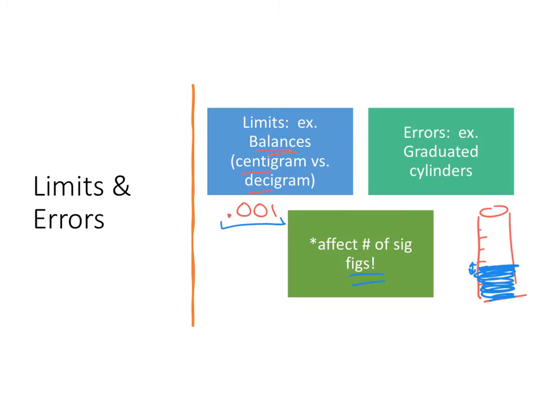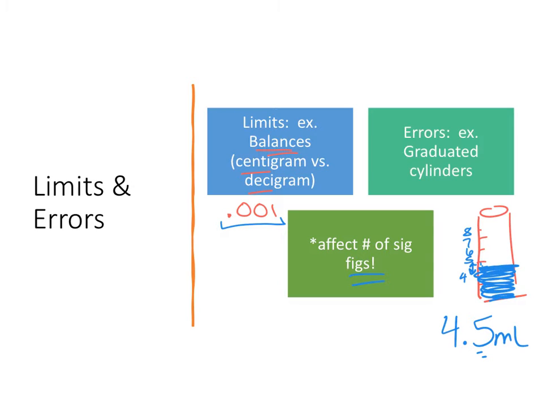On the balance, I can go all the way down to the thousandths. That's pretty precise. Here, because I only have marks at 5, 6, 7, 8 milliliters, I would only be able to go one past my degree of certainty. So I know for sure that it is at least 4, but maybe it's about 4.5 milliliters. So I'm going one degree past my degree of certainty here.